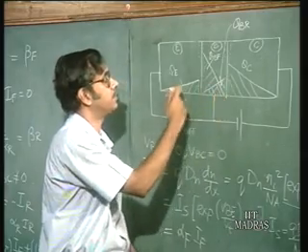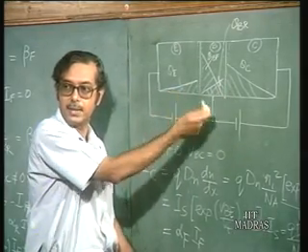Now, what is the current which flows into the emitter?